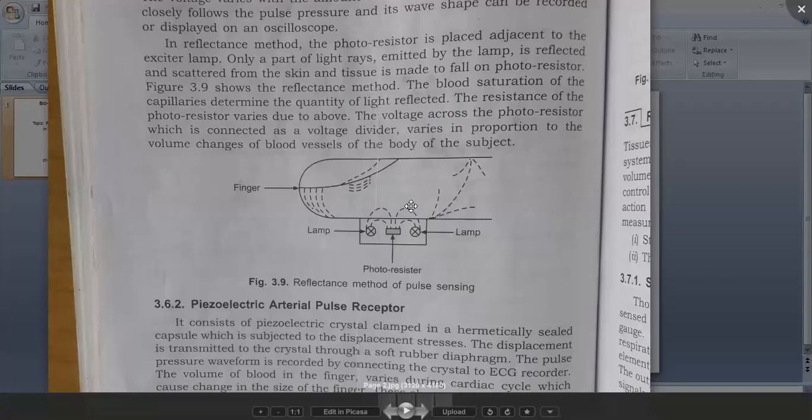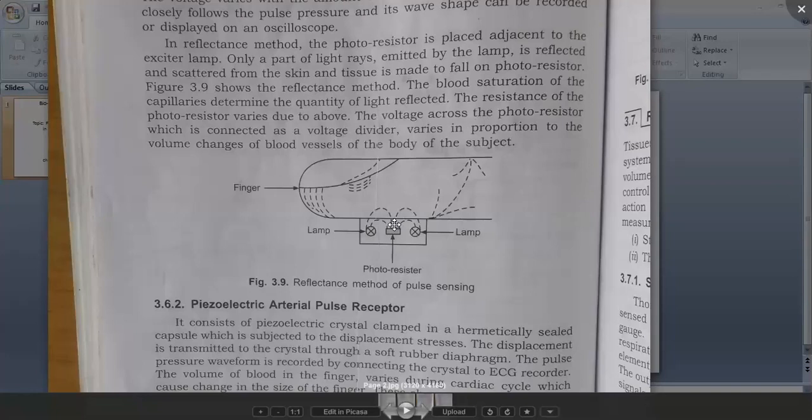It means the blood does not increase or decrease further, because we place the finger over the sensor and press it, and due to that pressing, there is some saturation of the blood in the capillaries. Due to the variation of the saturation of the blood in the capillaries, there is a change in the reflected light intensity. See here, quantity of light reflected.